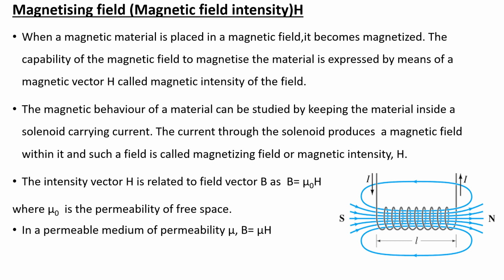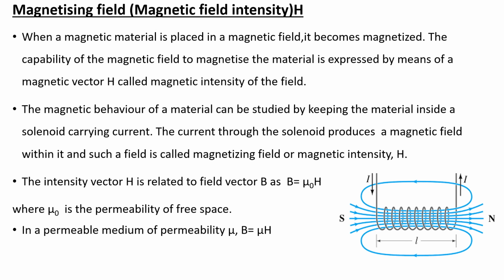And the ability of the magnetic field to magnetize a material is expressed by a vector, and it is called the magnetizing field or magnetic field intensity vector. The magnetic behavior can be studied by keeping the material in a solenoid carrying current.